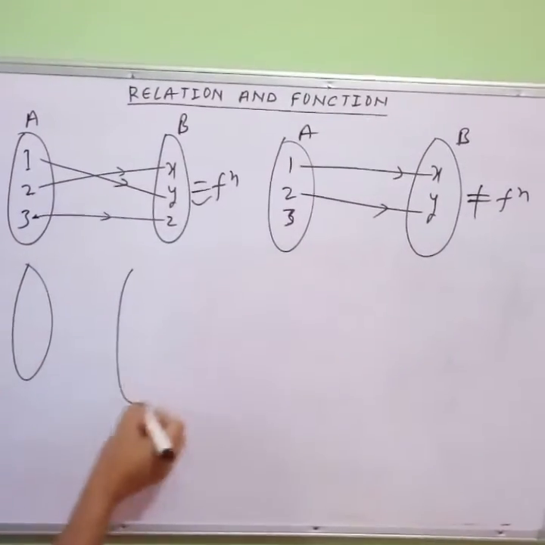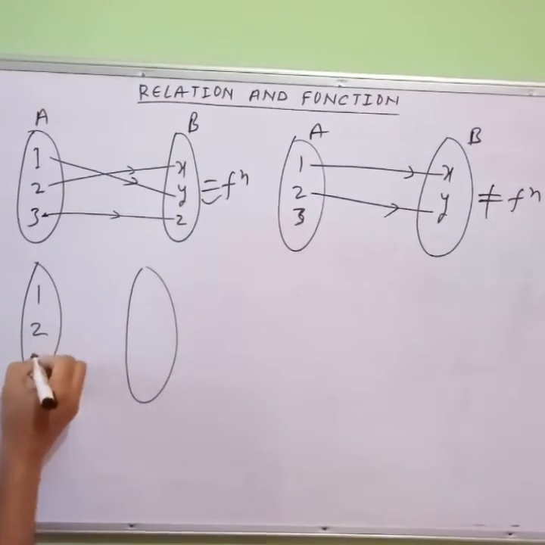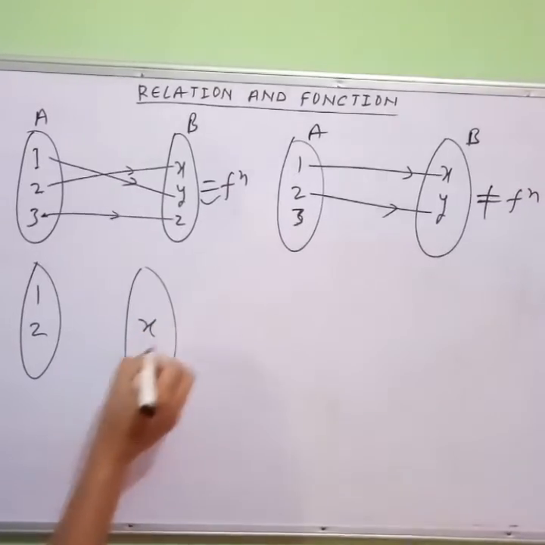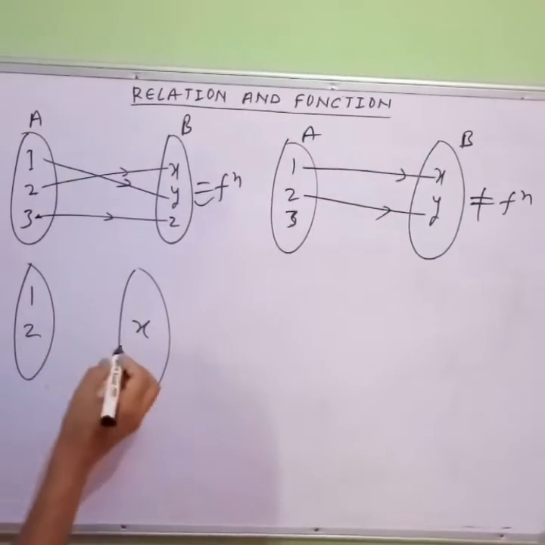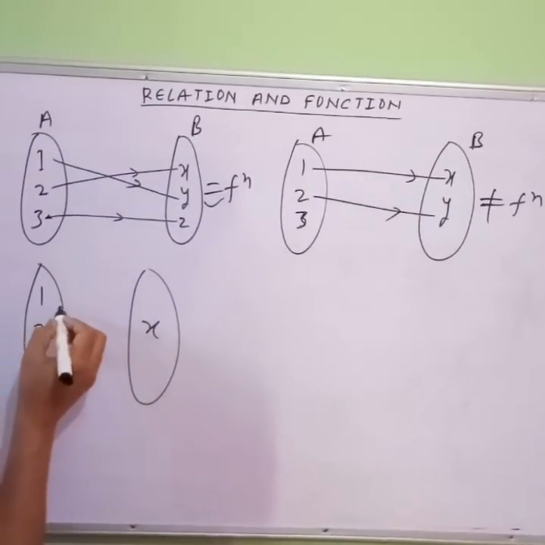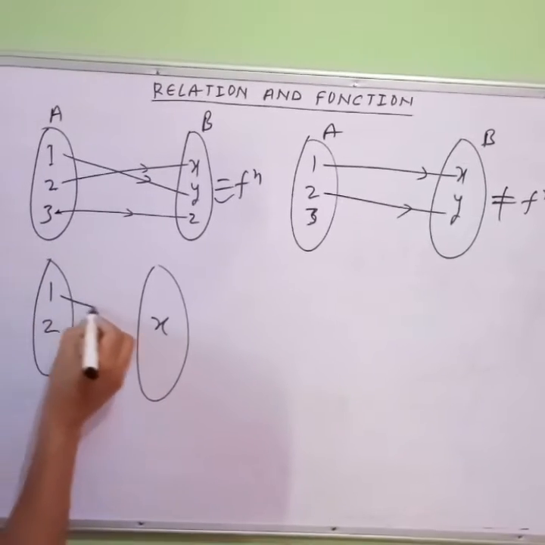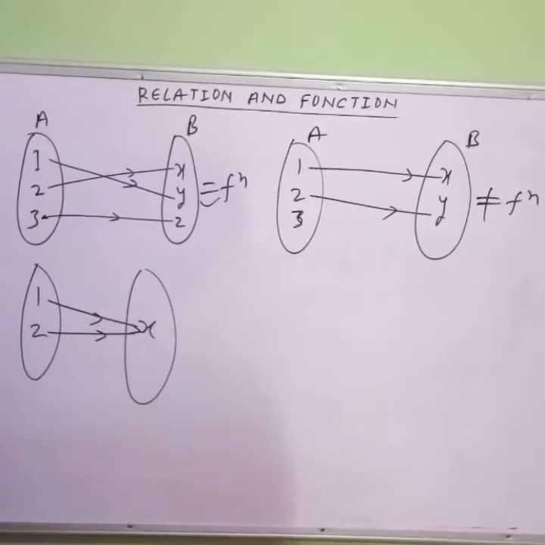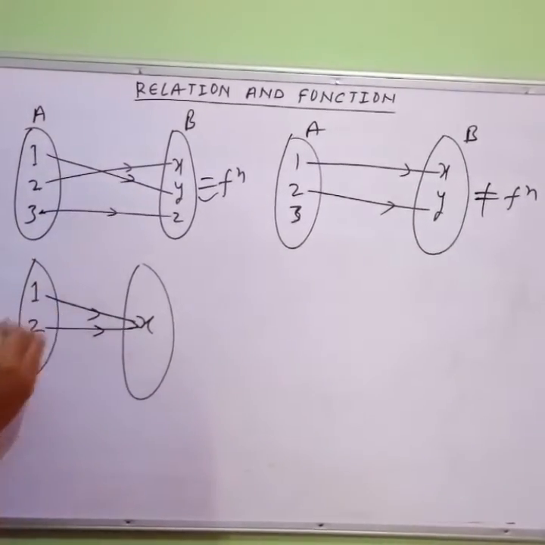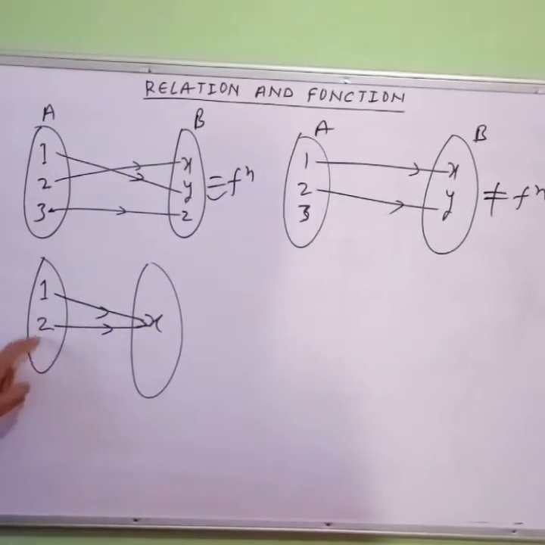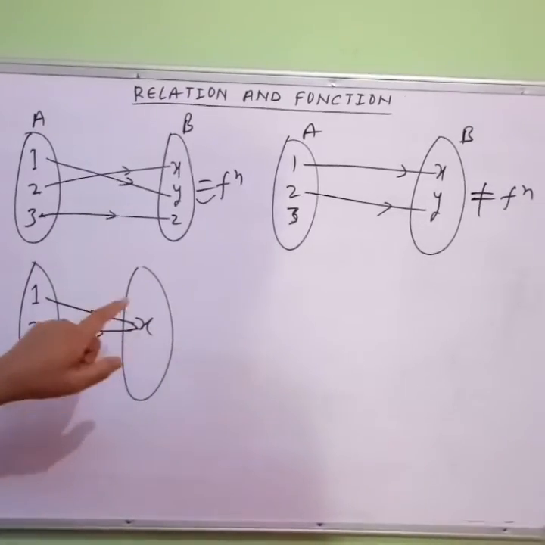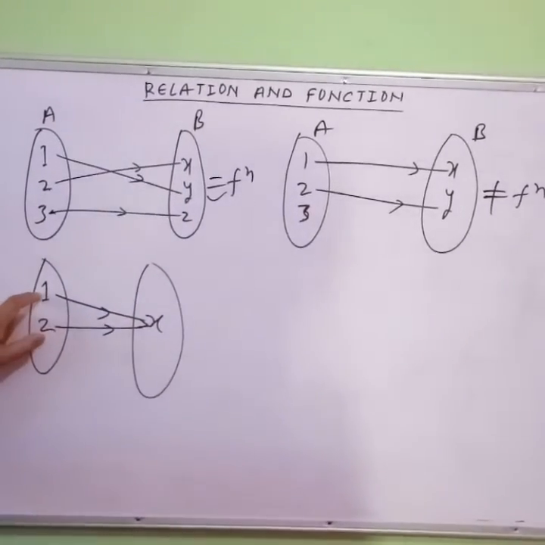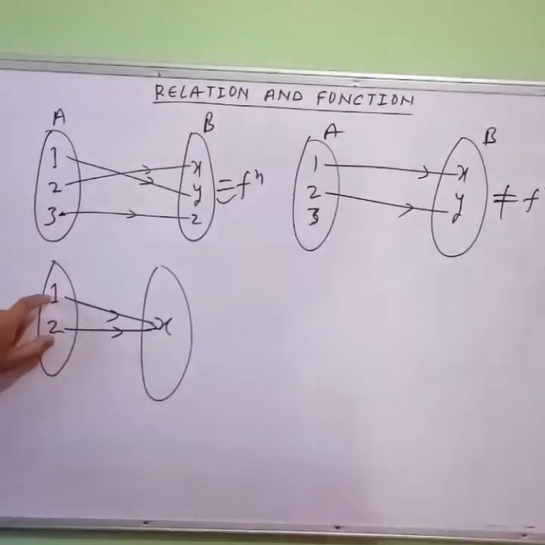Similarly, 1, 2. Suppose here only x. Here also the 1 and 2 elements have the same image, but according to definition every element has only one image.